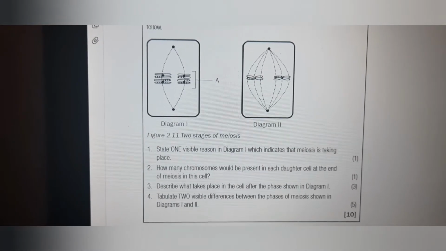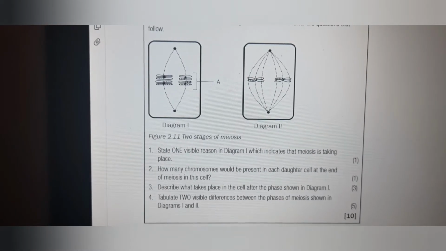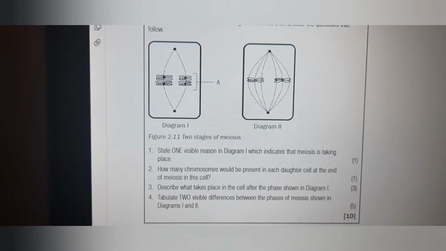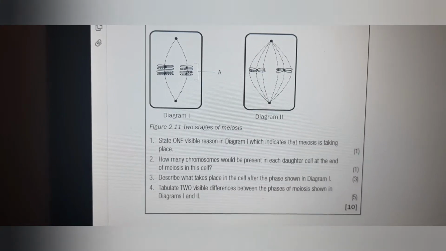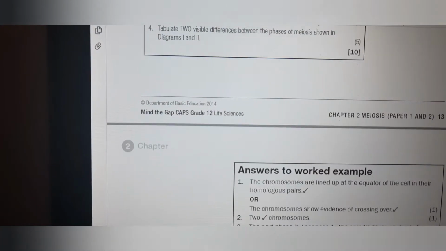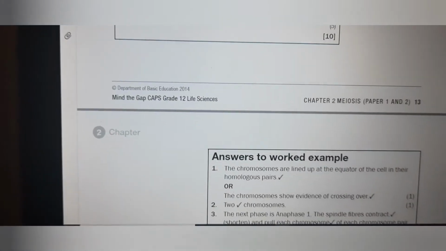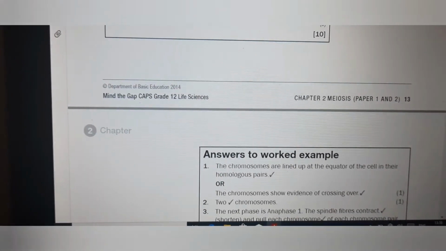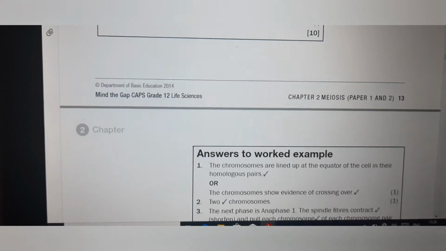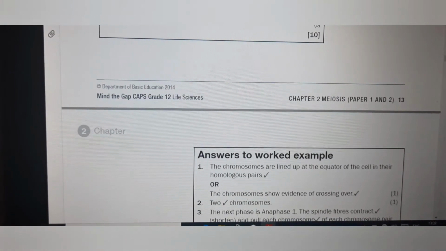How many chromosomes would be present in each daughter cell at the end of meiosis in the cell? Definitely 2 chromosomes.